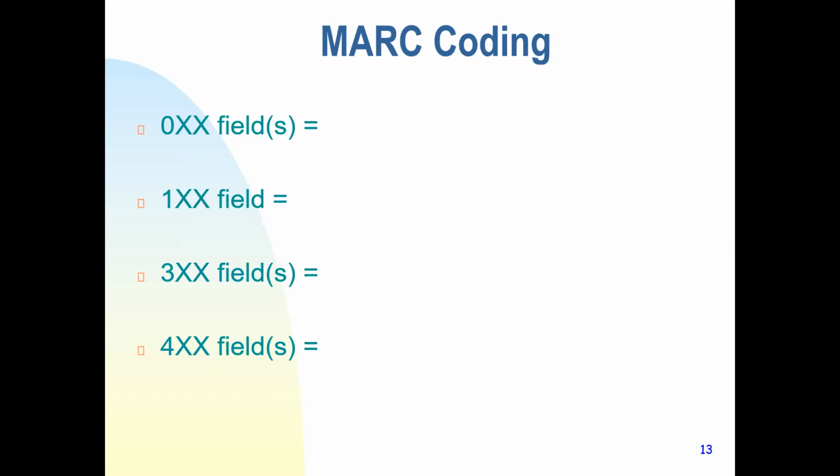So the 0XX fields in the authority record are numbers like the LCCN number, the Library of Congress class number that would be assigned to that subject, and some other numbers. Does anybody know off the top of their head what the 1XX field is?